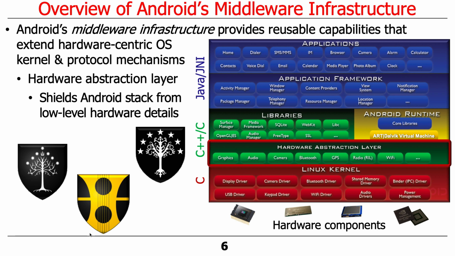There's a technical difference because the kernel shields you from hardware using low-level device driver APIs written in C, which are tedious and error-prone to program, whereas the hardware abstraction layer provides some shielding of these mechanisms using more object-oriented C++ APIs that also do things that are not typically provided by out-of-the-box GNU Linux kernels.